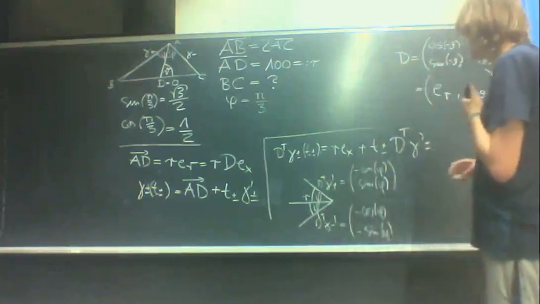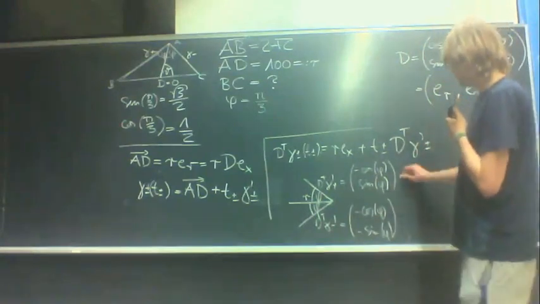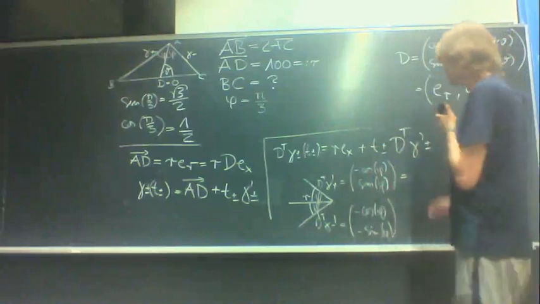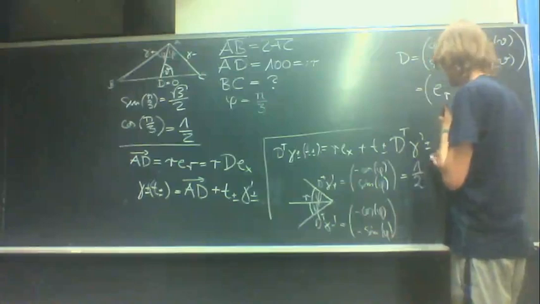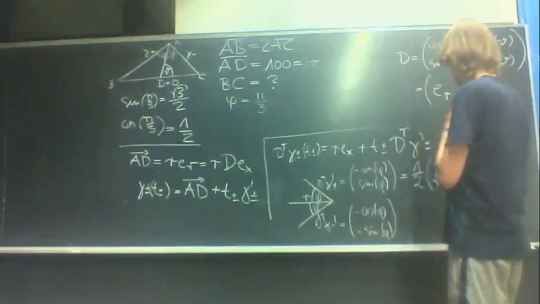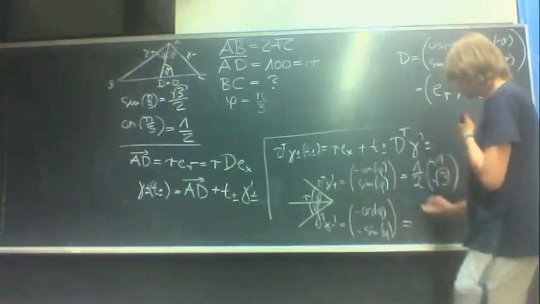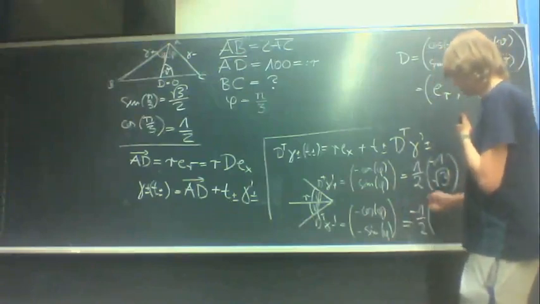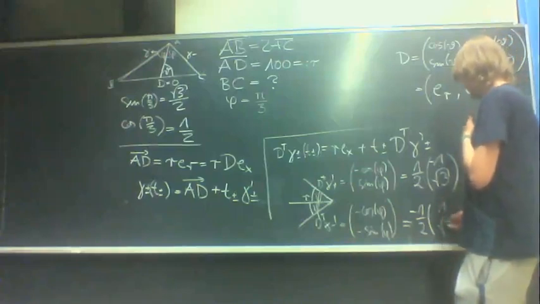So now we know, since we computed cosine and sine of phi, this will be just 1 over 2, 1 and square root of 3 with the minus over there, and 1 over 2 with the minus over there, 1 and square root of 3.